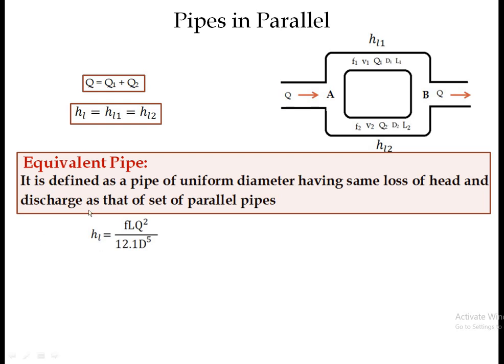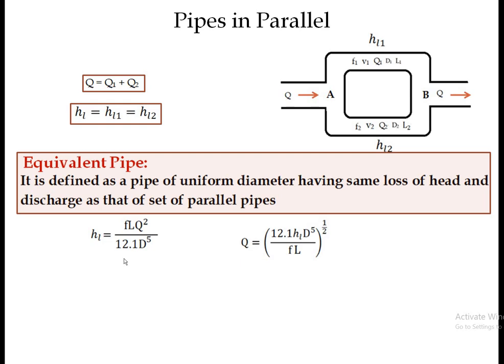For the equivalent pipe, the head loss is FL Q square upon 12.1 D raised to 5. Now I want to write the same equation in terms of Q, because we know one condition, that Q equals Q1 plus Q2.